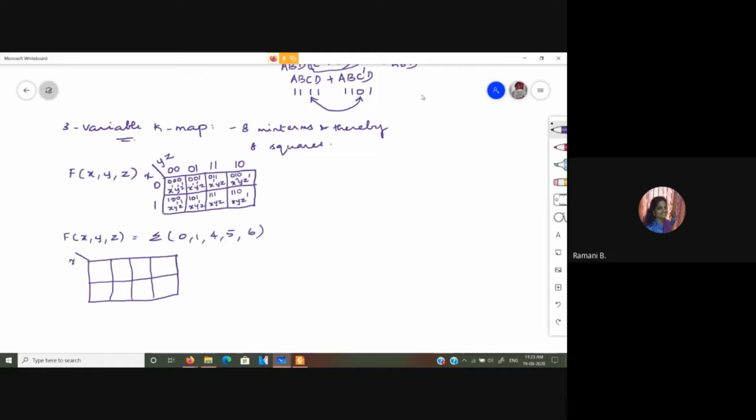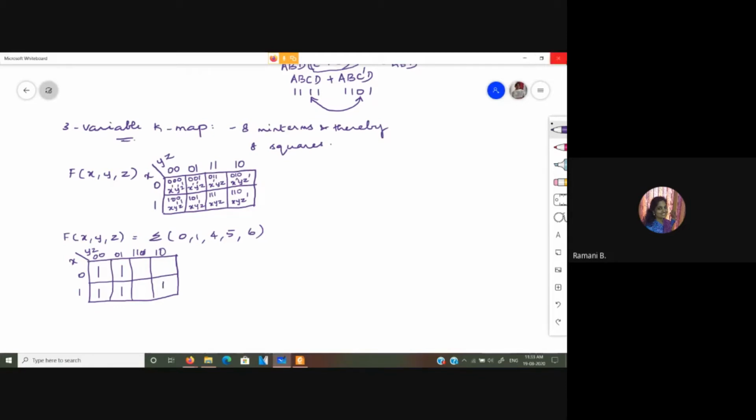Here we are having x, y z, 0, 0, 0, 1, 1, 1, 1, 0 and 0, 1. So this box corresponds to 0, this corresponds to 1, this corresponds to 4, this corresponds to 5. Sorry, here I made a mistake in writing it. And this corresponds to 6.